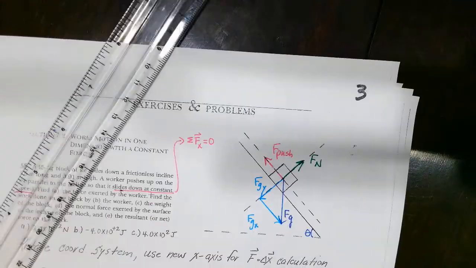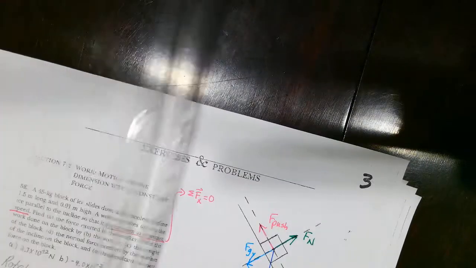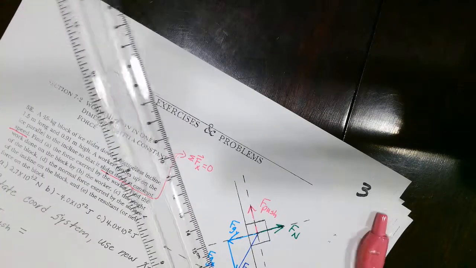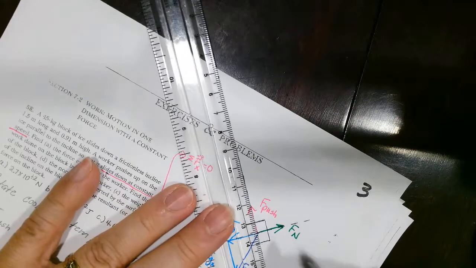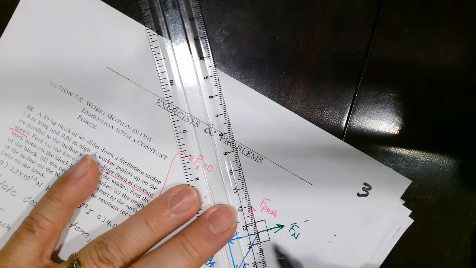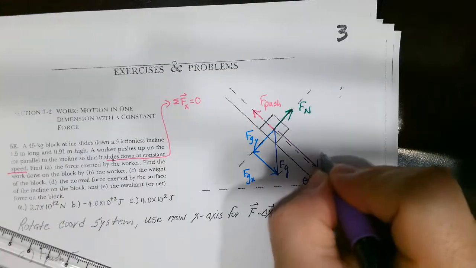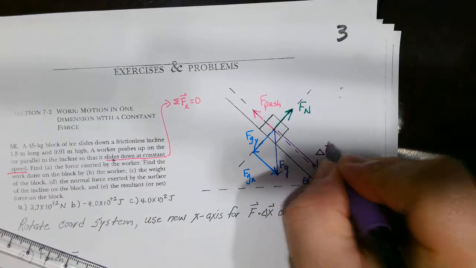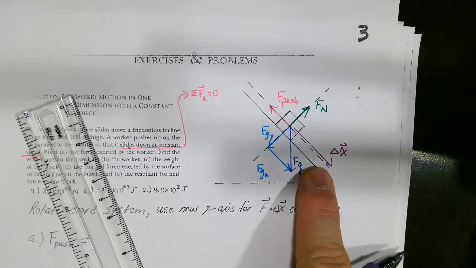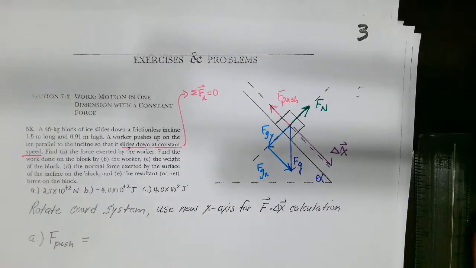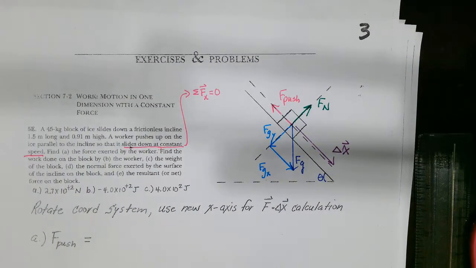And the delta x is actually down the incline like this. That's not a force vector, that's the displacement vector, so don't get that confused in there. Okay?